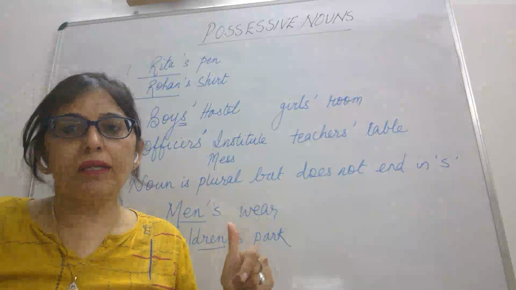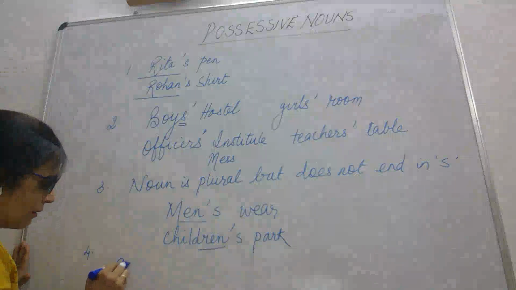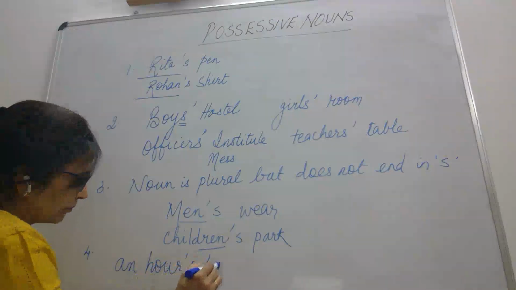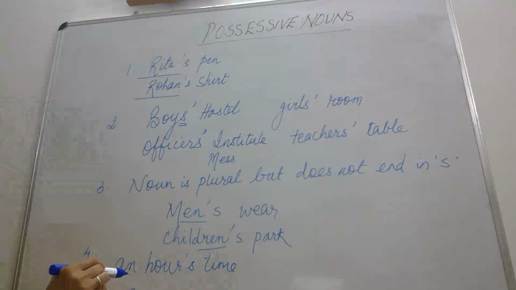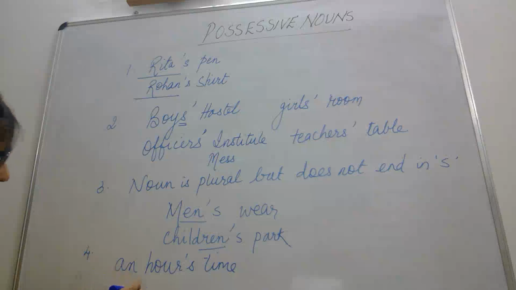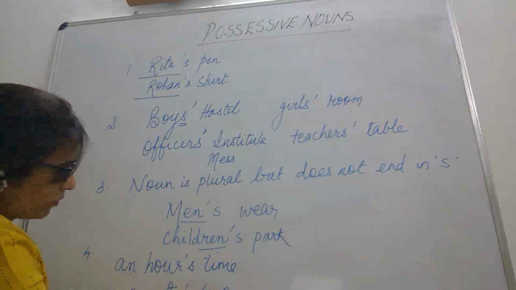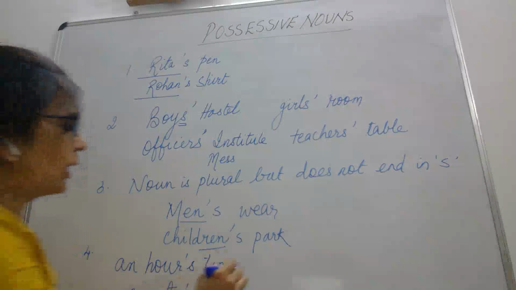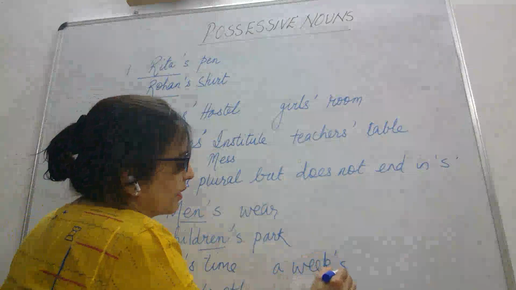I'll be back in an hour's time. Meters, or you can say meters' length of cloth or whatever. Okay, then we can have a week's holiday. We've got a week's holiday.